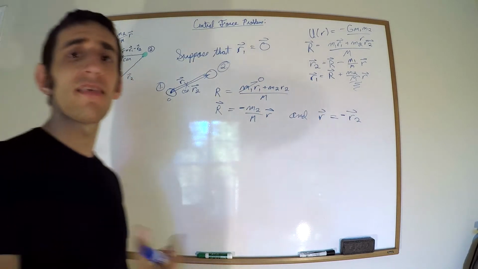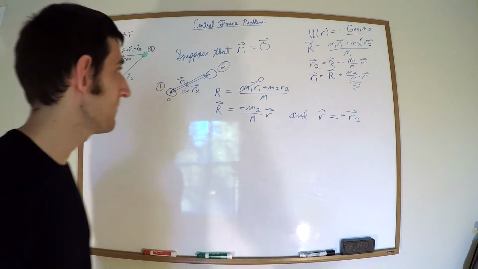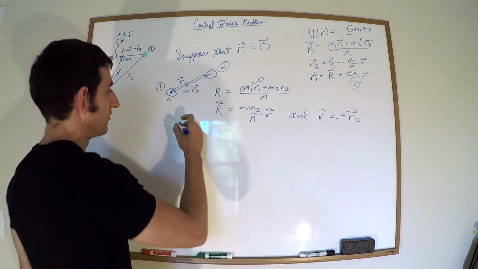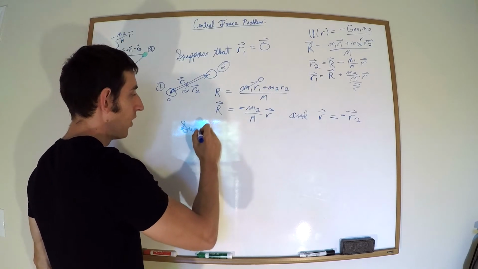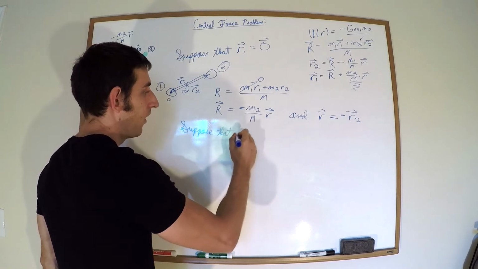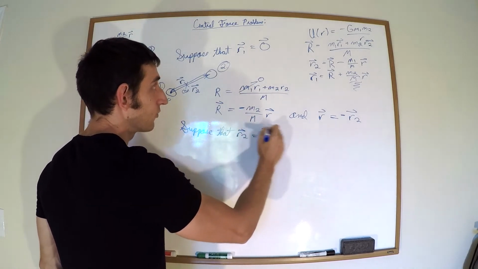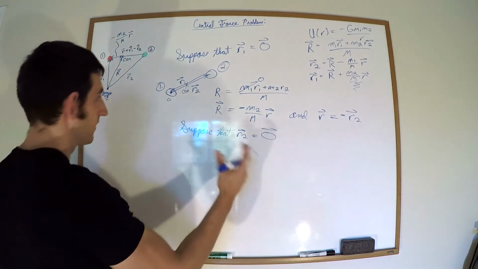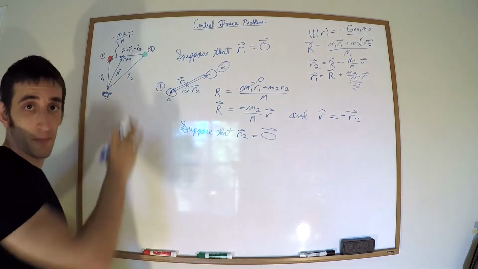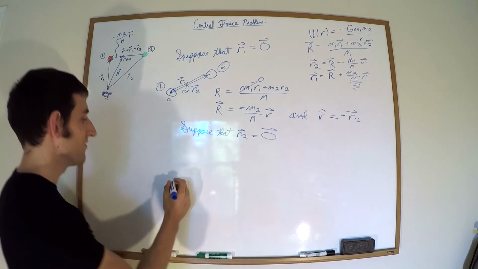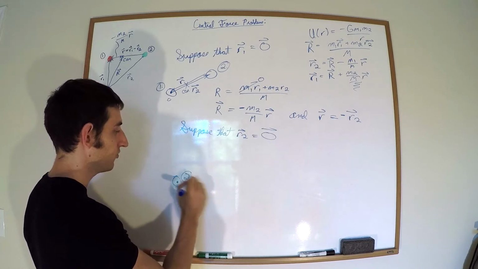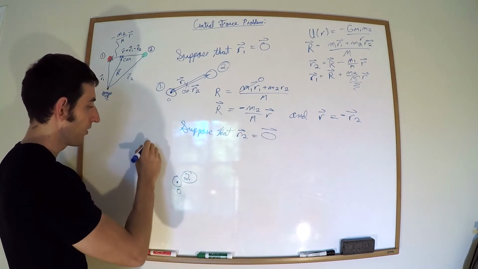And we can also do the same thing if we consider what happens if we squash particle 2 into the origin. So we're going to do that also and see what we can deduce from that information. So we're going to suppose that r2 is equal to 0. I'm going to make this more pronounced so you can see it. It might look a little different from our main picture, but we're going to have our origin O, then a particle 2, then a particle 1.